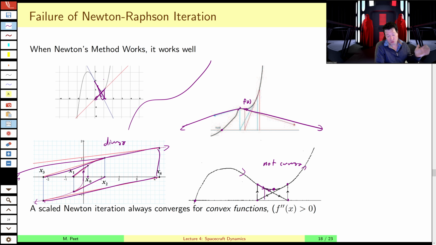Of course, Newton didn't prove any of these things, but observed that it worked well for his particular problem and probably worked well for other problems. He probably considered it a heuristic, not an algorithm. And it is a heuristic in this sense. But it's a heuristic that works very well if certain conditions are satisfied, and they're certainly satisfied for the Kepler equation.